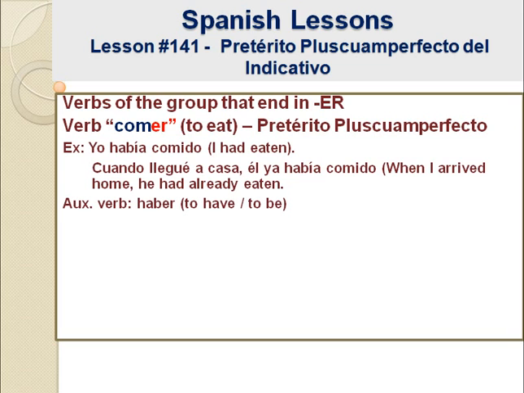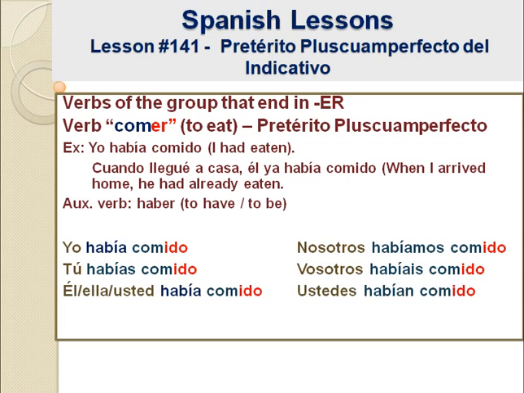We are still using the auxiliary verb haber. So we say, yo había comido. I had eaten. Tú habías comido. You had eaten. Él había comido, or ella había comido, for she had eaten, or usted había comido, for you had eaten, formal you.